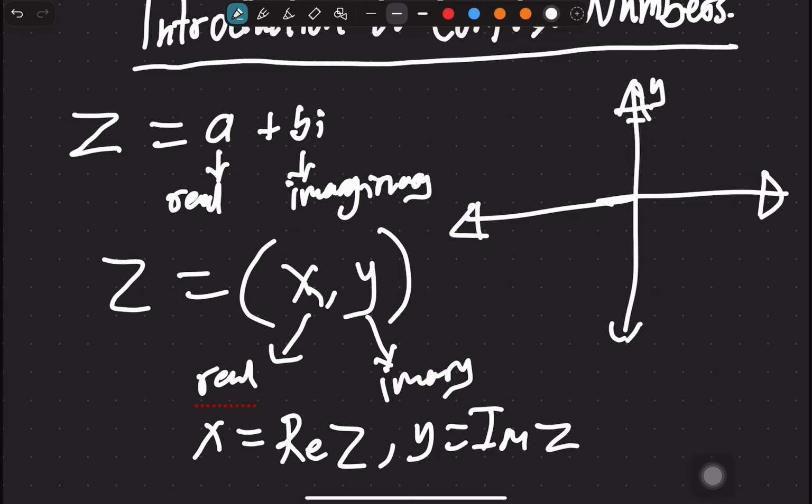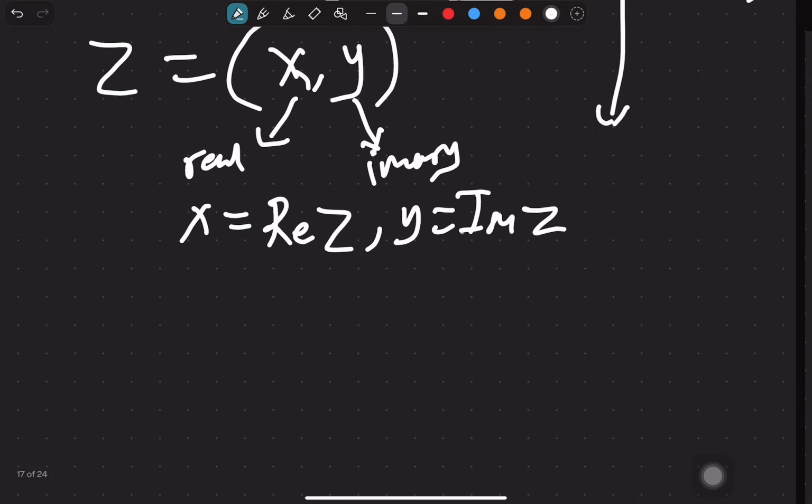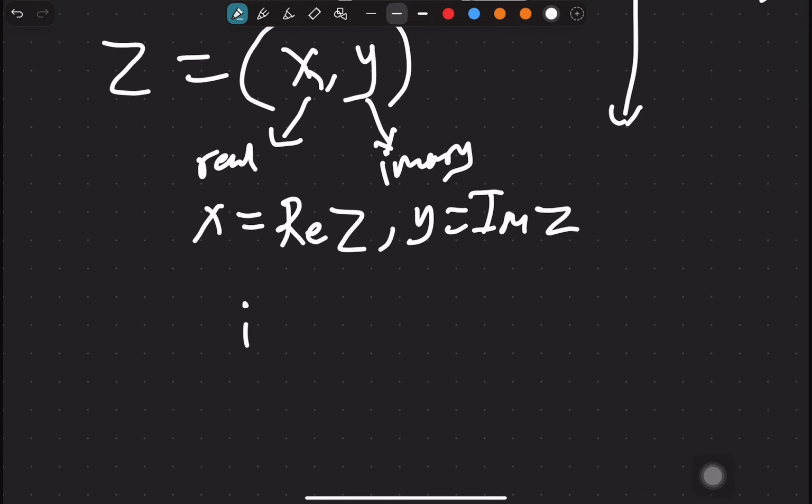Now let's talk about what this i here is. i there means the imaginary unit. Now imaginary units can also be represented as a complex number in the coordinate form as 0, 1. What this imaginary unit means is that the real component is 0 but the imaginary component is unity, which is 1.